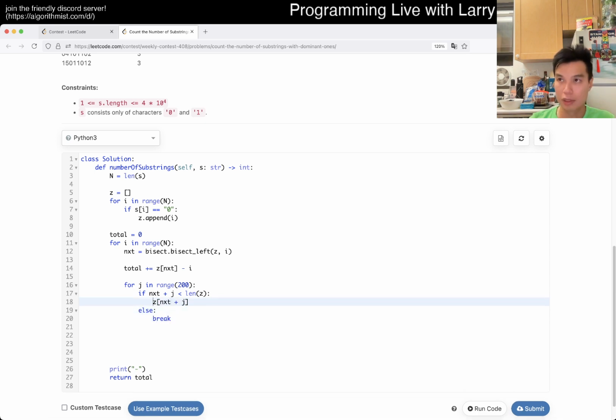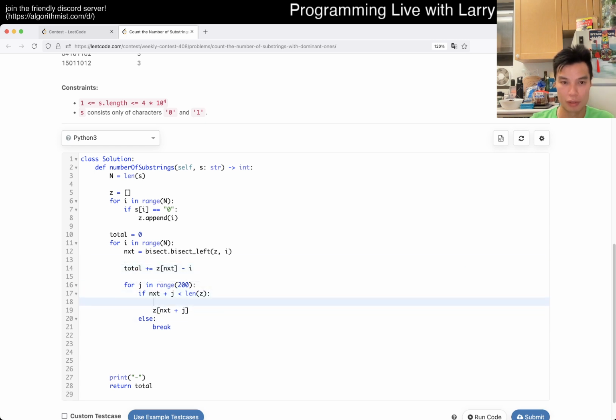So with this is the next 0. So then now we have ones is equal to, I guess we don't need to do this yet.